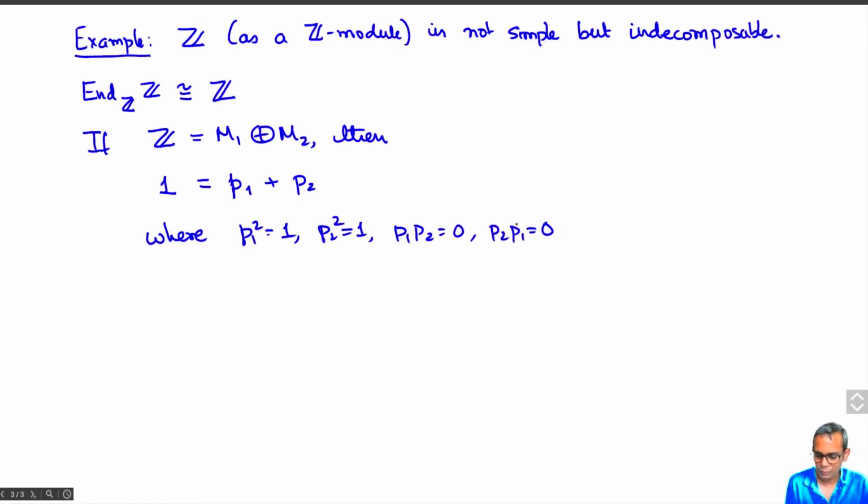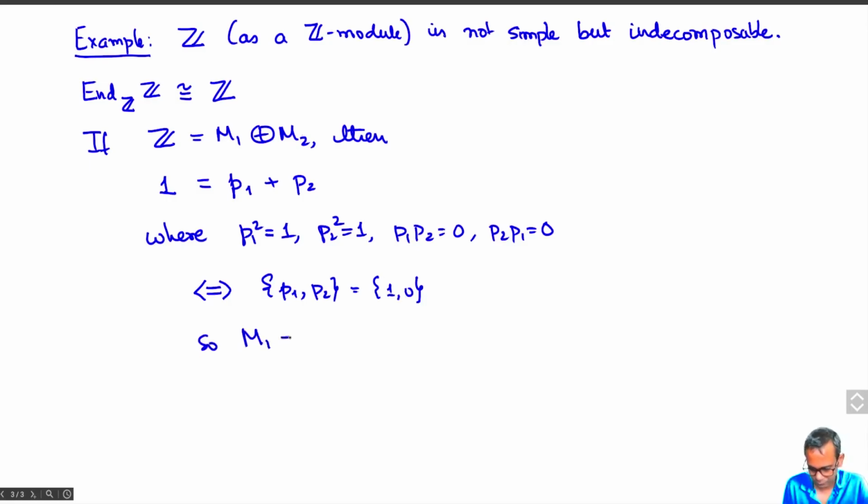Of course, this follows because Z here is a commutative ring. But these equations only mean that one of P1, P2 is 1 and the other is 0. So the set {P1, P2} is equal to the set {1, 0}, which means that either M1 is 0 or M2 is 0. Which is the definition of indecomposability.